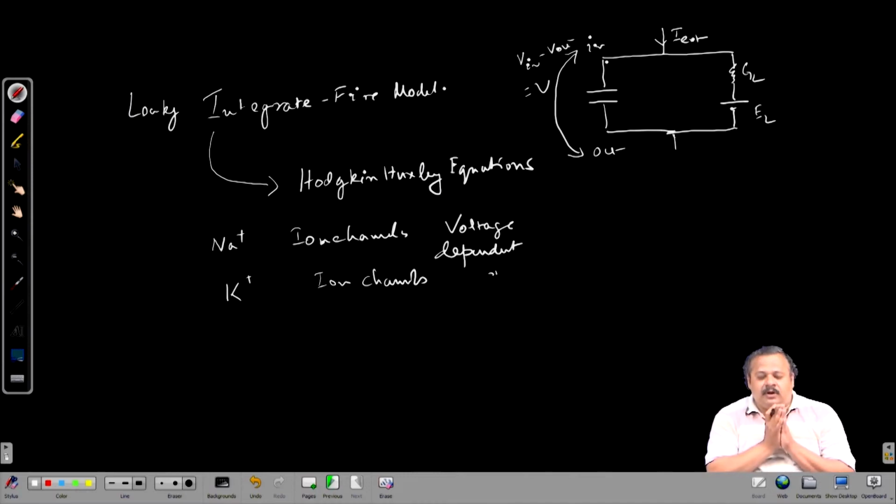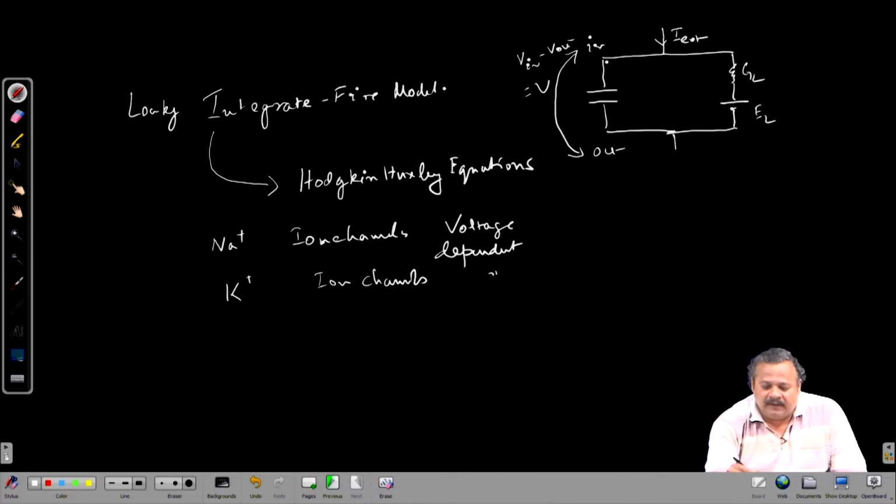And as you remember from our lecture on ion channels, there is a pore that allows the flow of ions through the membrane. And if we were to consider the sodium ion channels all together, then that is simply going to be an additional branch in this circuitry, a parallel branch.